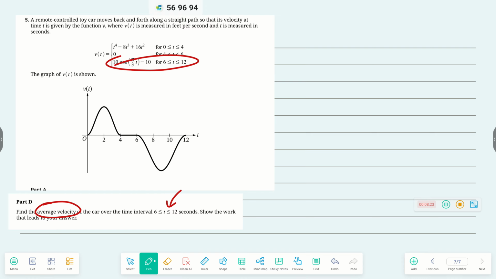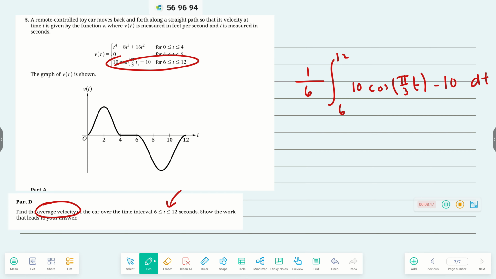So we would do the average value of the function, right? Because we have access to the velocity. So that's going to be 1 divided by 12 minus 6. So that's 1/6 from 6 to 12 for this function, 10 cosine of pi over 3 t minus 10, dt.